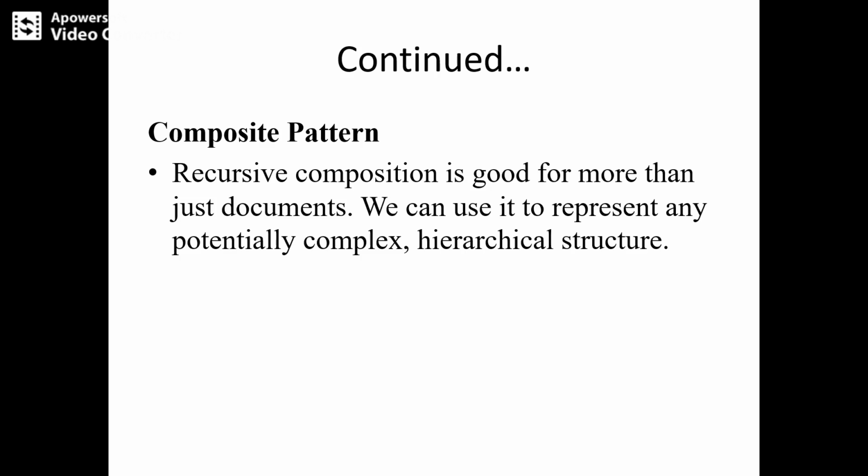We can use it to represent any potentially complex hierarchical structure, for example an organizational hierarchy. This is always good for recursive composition, where one subclass is enough for the complete drawing of the hierarchical structure. That is the composite design pattern, which captures the essence of recursive composition in object oriented terms.